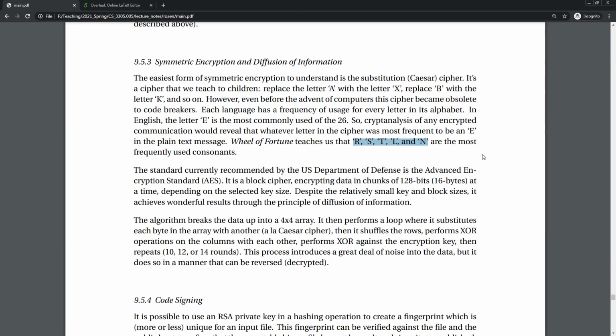But the language itself, the language that the clear text was written in, is going to leak information in this format. So it's not enough to make this substitution. You can break it.